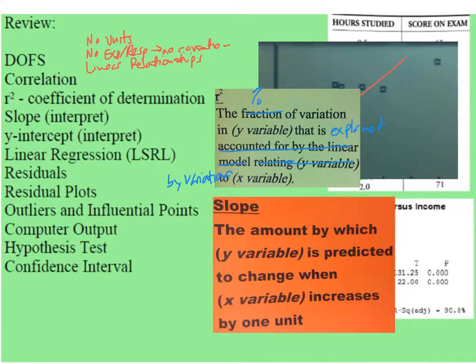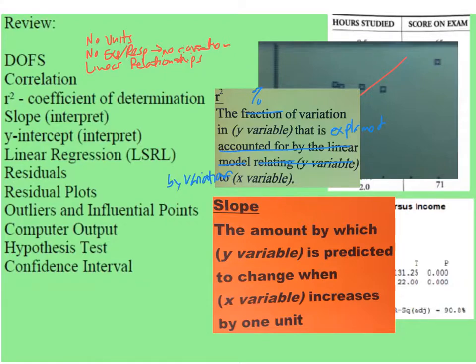The slope is the amount by which the Y variable is predicted to change when the X variable increases by 1 unit. So what you would say for this example is, it's the amount the score is predicted to increase for every additional hour of study. Again, what is predicted to happen to score when our study increases by 1 unit?